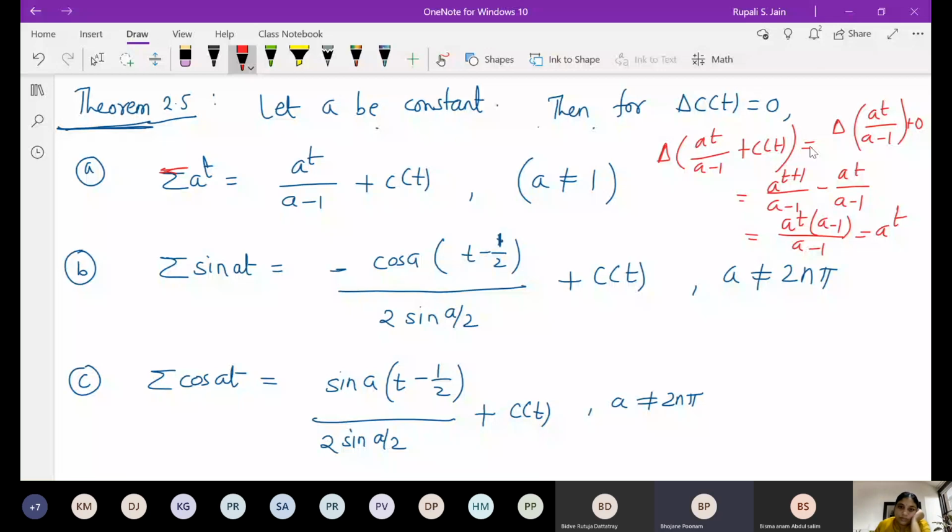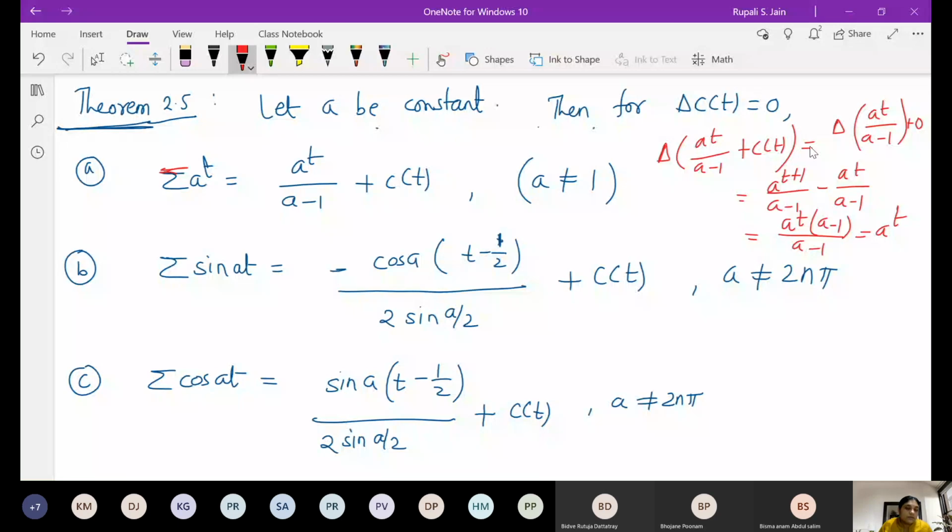a should not be equal to 1, because otherwise it will be undefined. Is that okay? If you want to verify this, take delta on both sides and show that LHS is equal to RHS.